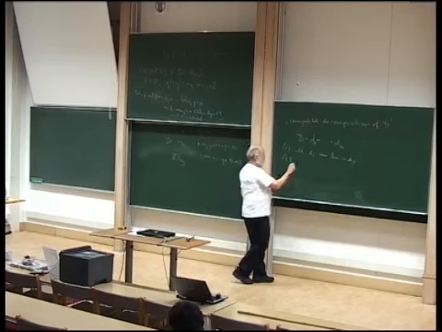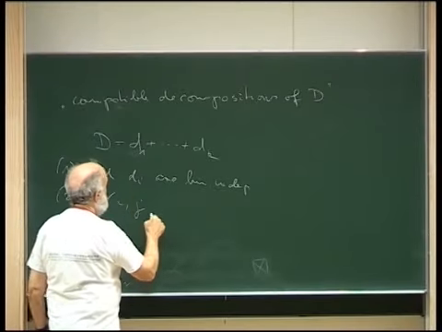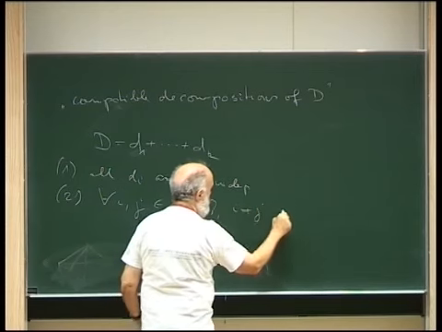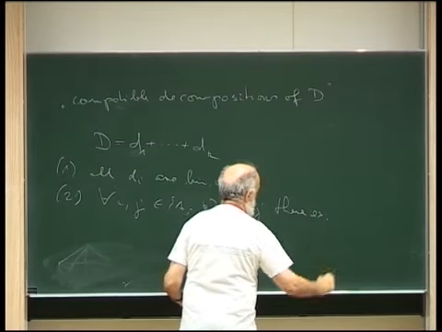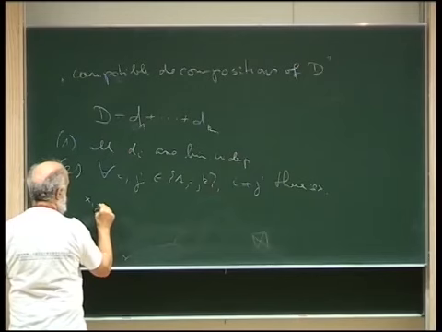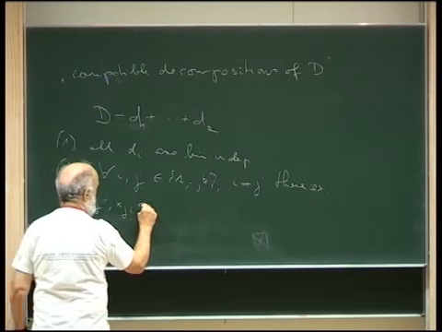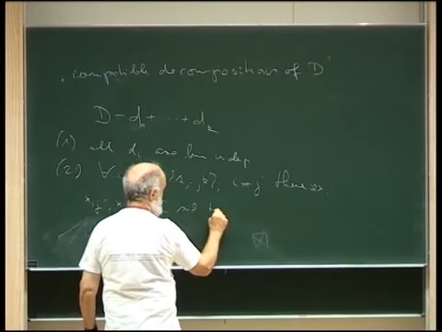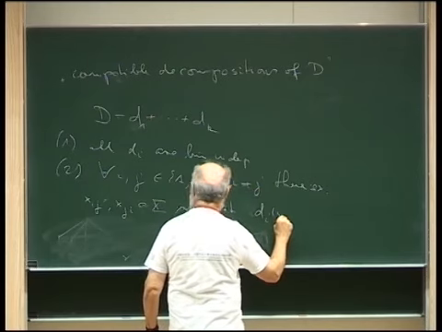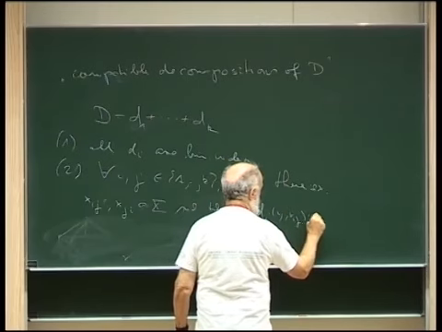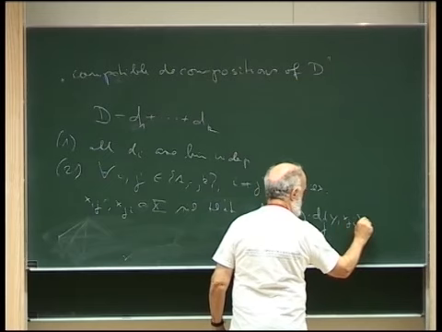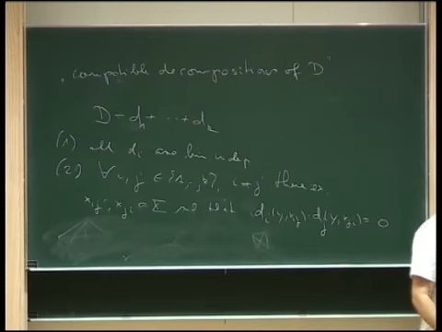So what we want to have is for all i, j in 1 to k with i not equal to j, there exist x_ij and x_ji in X such that d_i(y, x_ij) times d_j(y, x_ji) is equal to 0. That means one of those two terms is 0. This or this is 0.